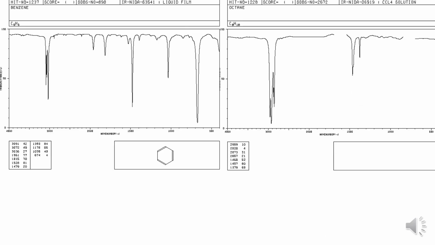Here's the IR spectra of benzene and octane. So benzene is an aromatic compound, while octane is an alkane. It is a saturated hydrocarbon characterized by the presence of carbon-hydrogen and carbon-carbon covalent bonds.